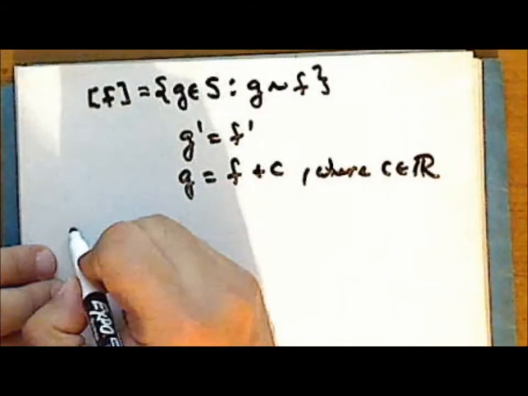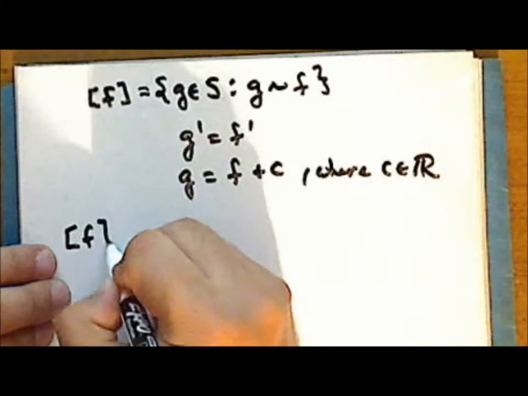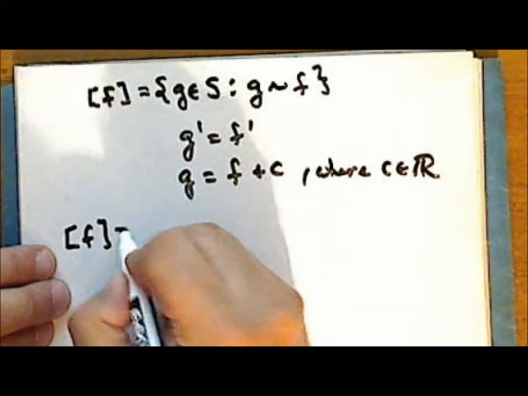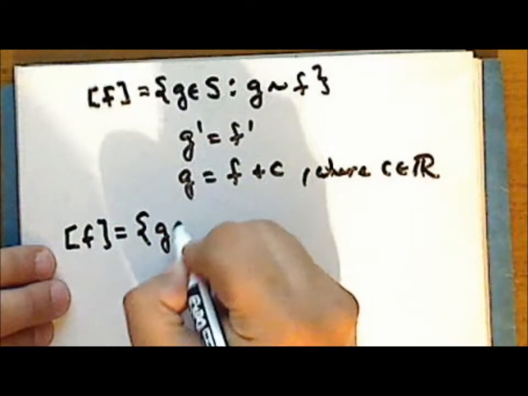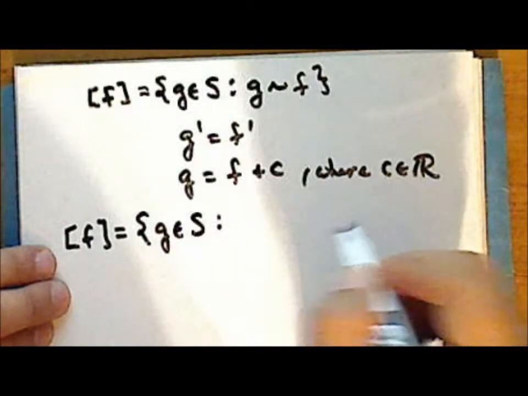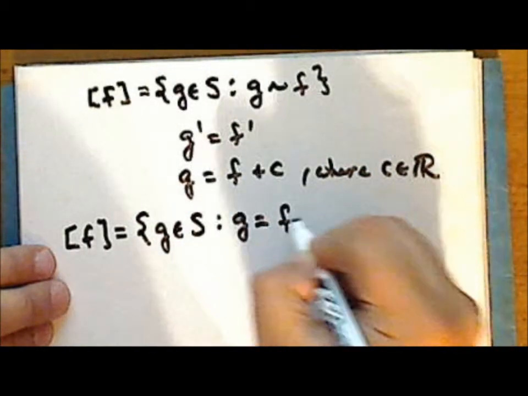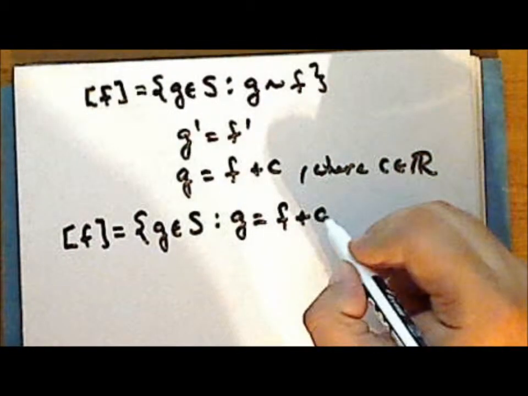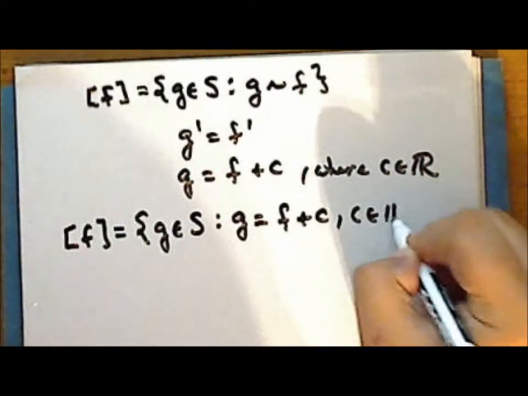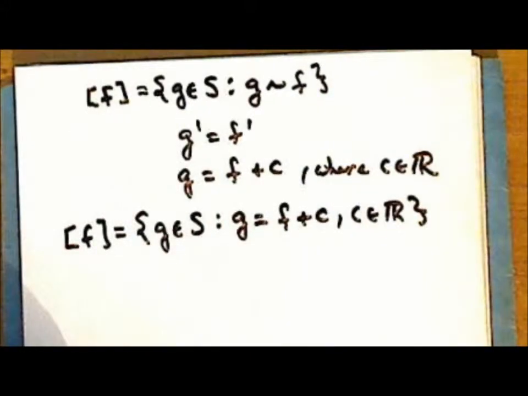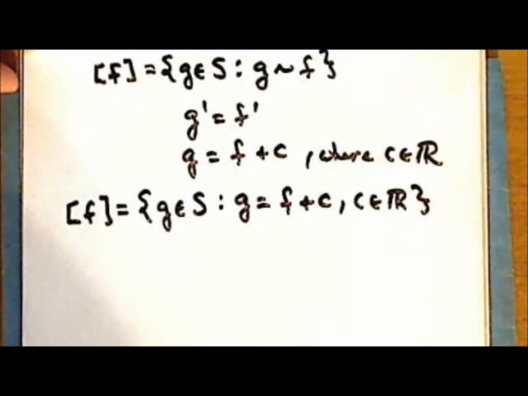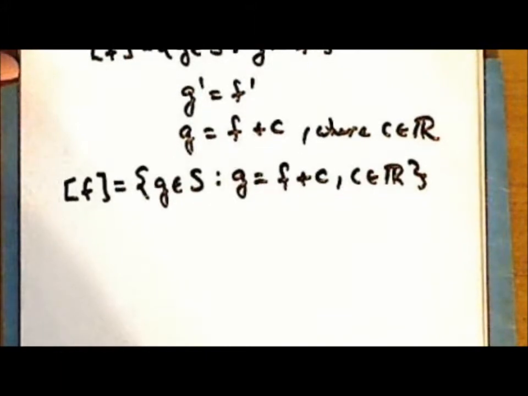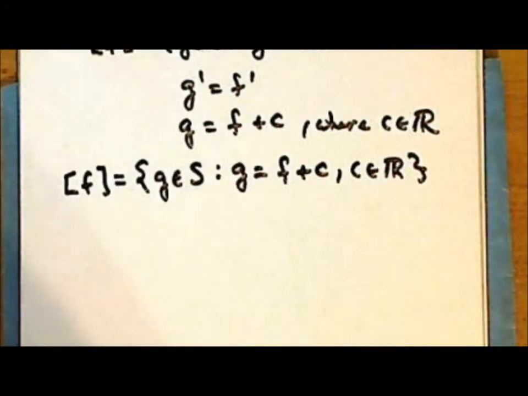And so the equivalence class containing the function f is the set of all functions g in the set S such that g differs from the function f by a constant c. A well-known fact from first-year calculus, or first semester calculus for that matter.